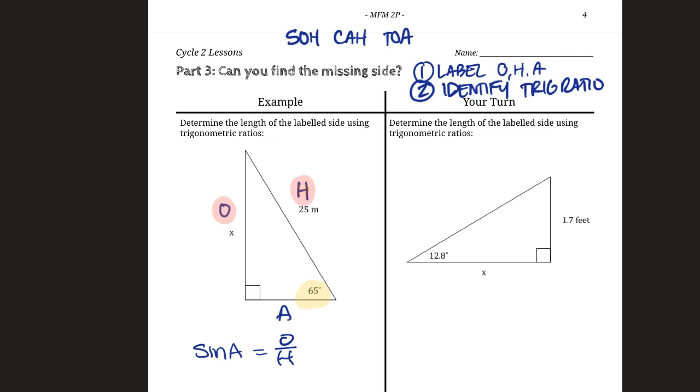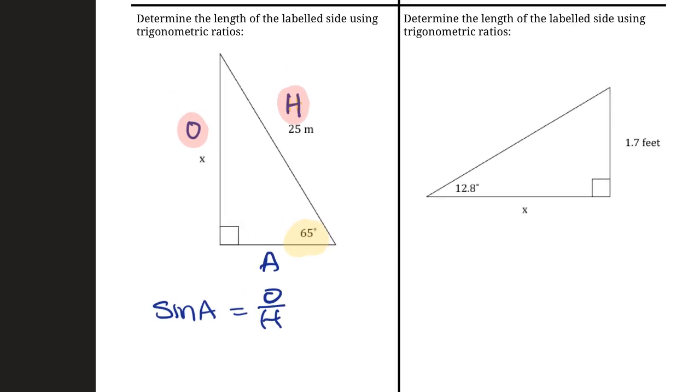Then we need to plug in the things we know into this equation. Basically, you can look at it as a formula, right? We can plug some stuff in. So we know that the angle that we're dealing with is 65 degrees. So instead of the A, let's put 65 degrees. We also know the hypotenuse, the H, is just 25 meters.